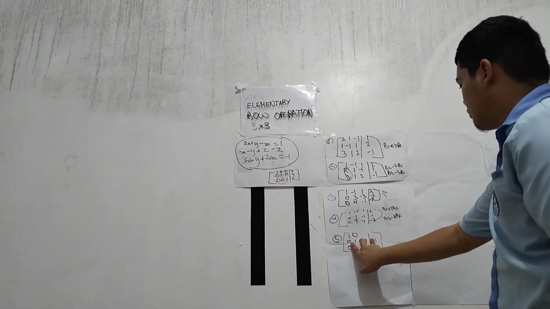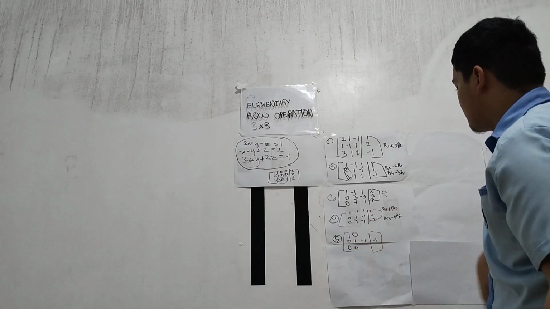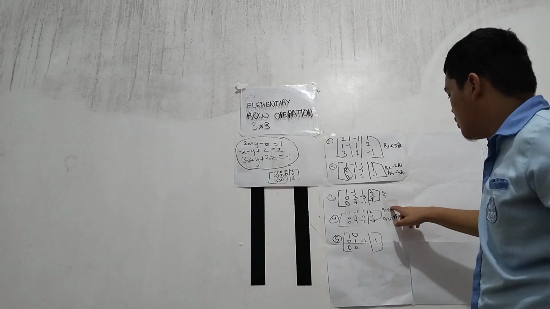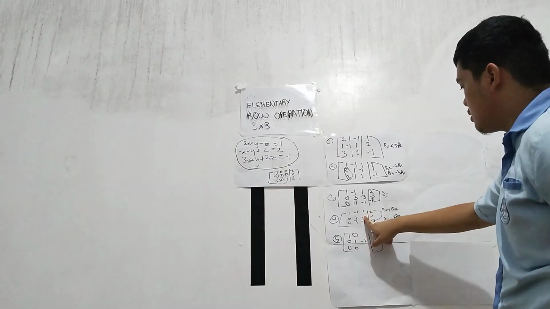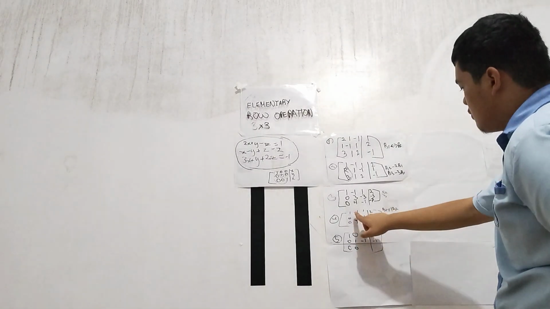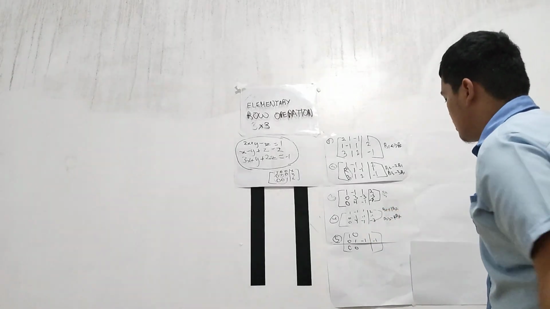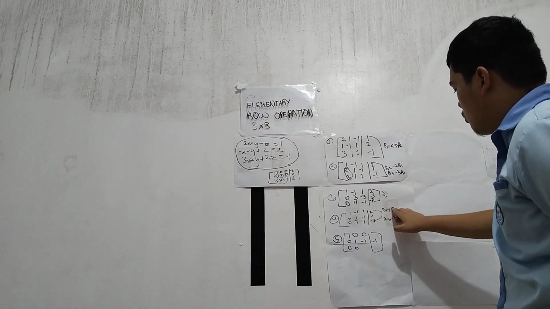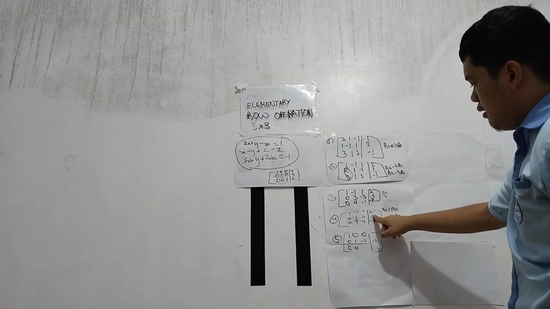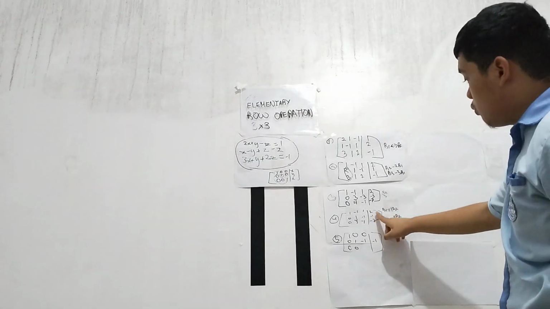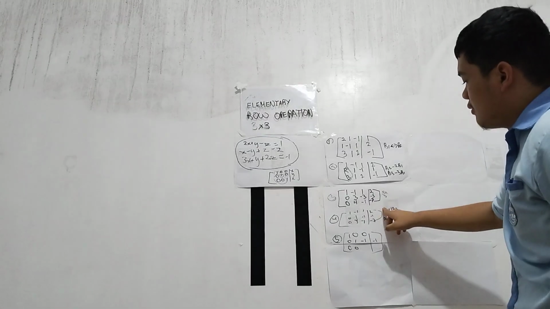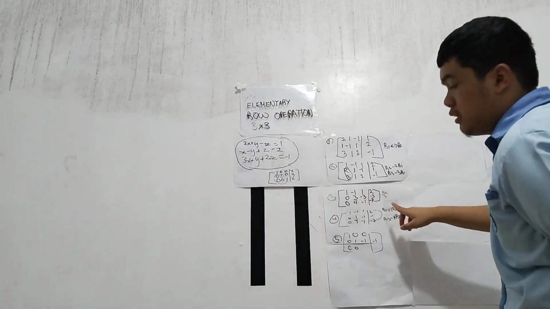And you see a pattern, right? 1 plus 2, 1 times negative 1 is negative 1, 1 plus negative 1 is 0. Now 1 times negative 1 is negative 1, 2 plus negative 1 is 1.